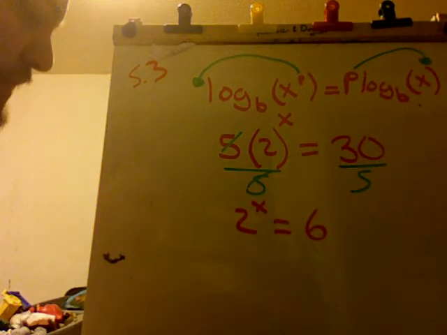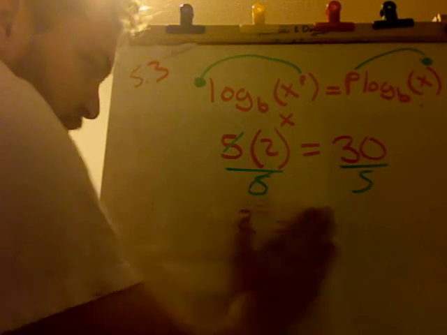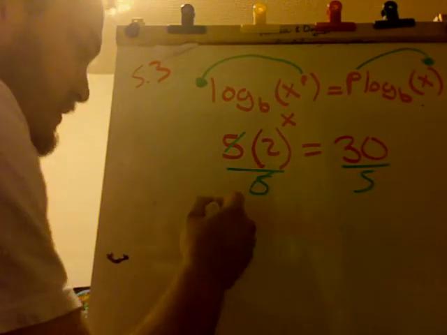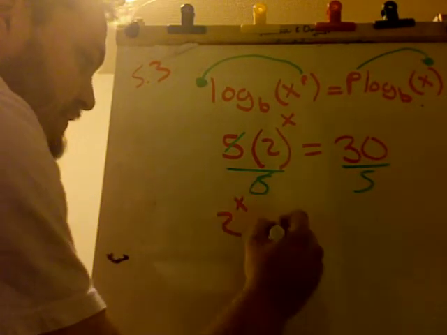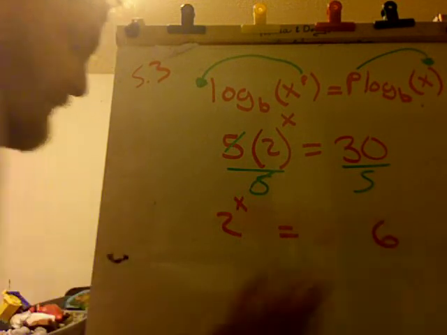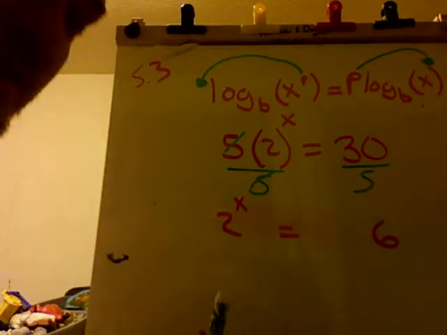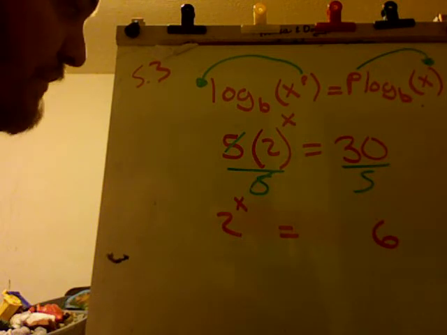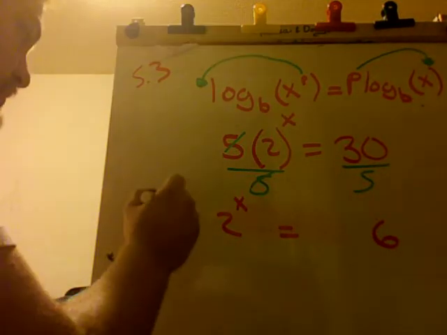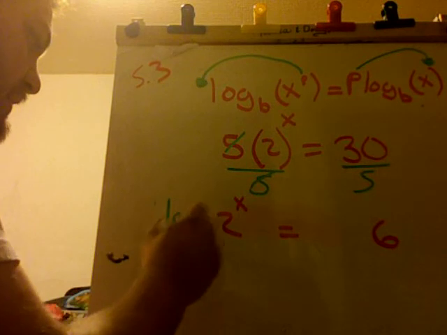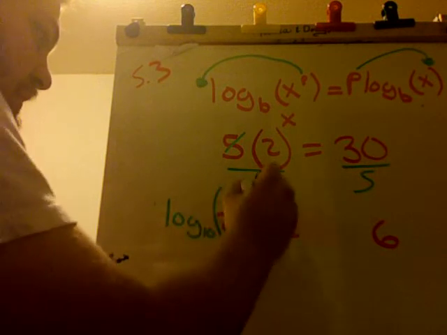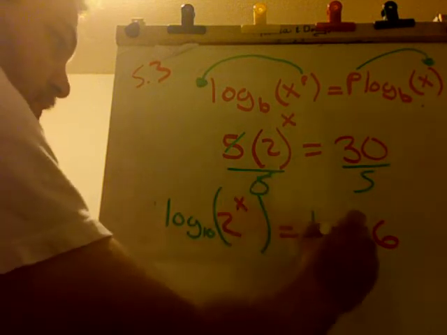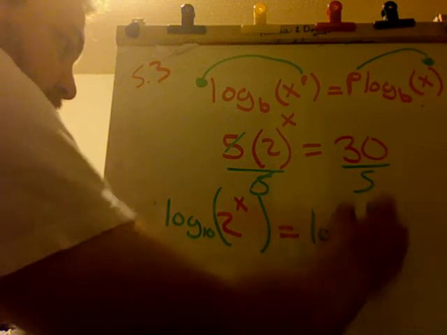Now here's the tricky part. I'm going to rewrite this: 2 to the x equals 6. Now my calculator only knows log base 10. So what I'm going to do is take the log of both sides, and we're going to be able to play with this.